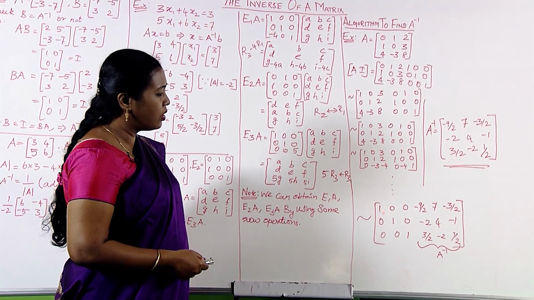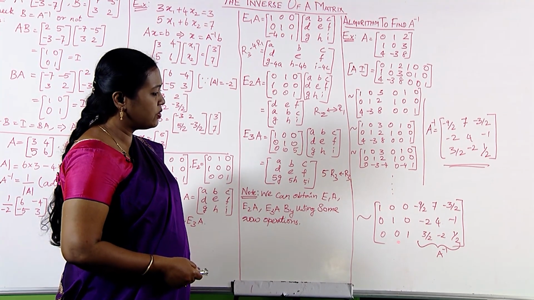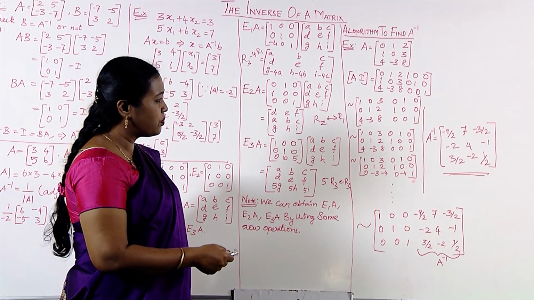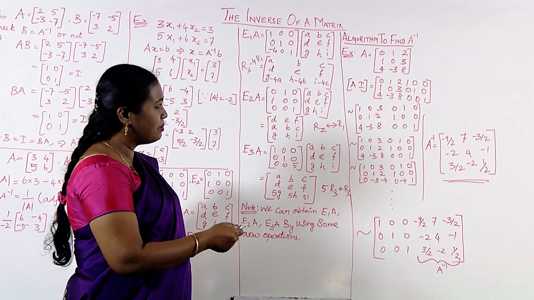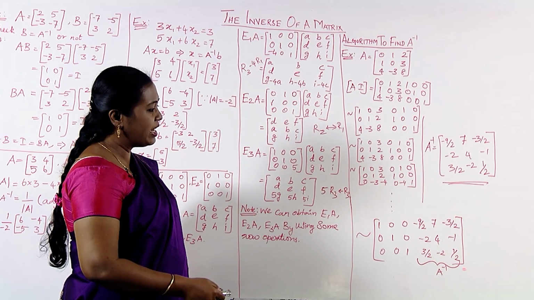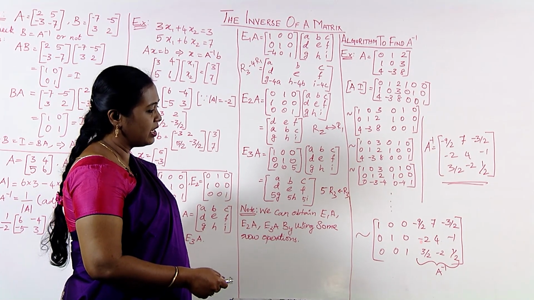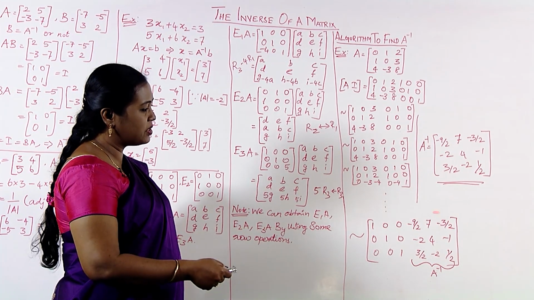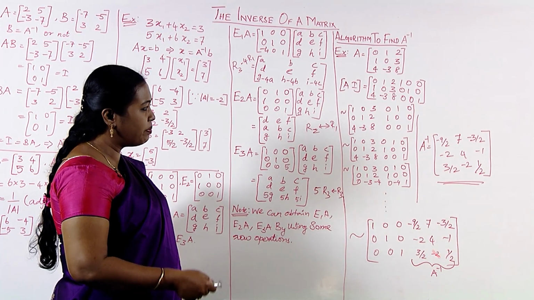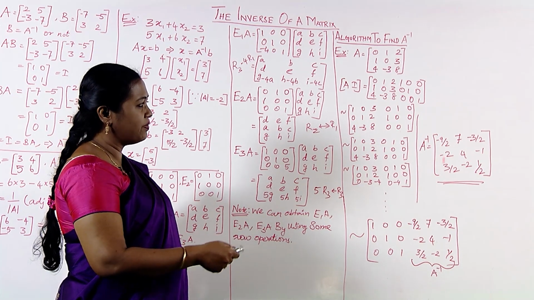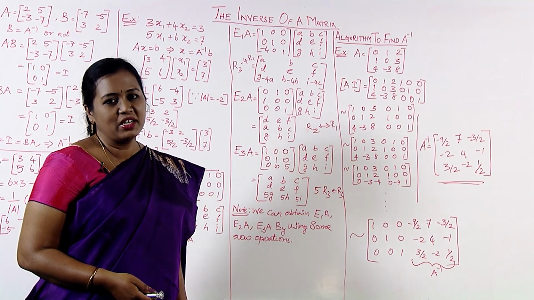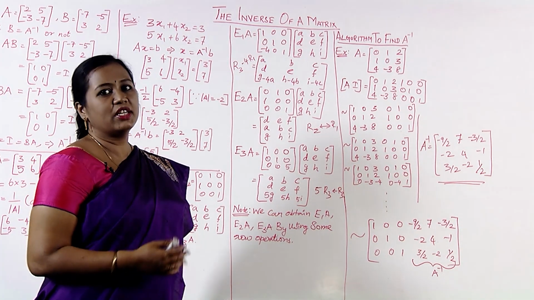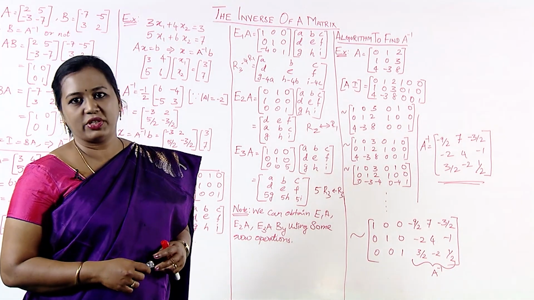You can go all the way to 1 0 0, 0 1 0, 0 0 1, and in the process the entire matrix is transformed, and on the right hand side I arrive at this set of terms, and this alone can be extracted to form the A inverse. So, this is the algorithm to find the inverse of a matrix using row column operations.